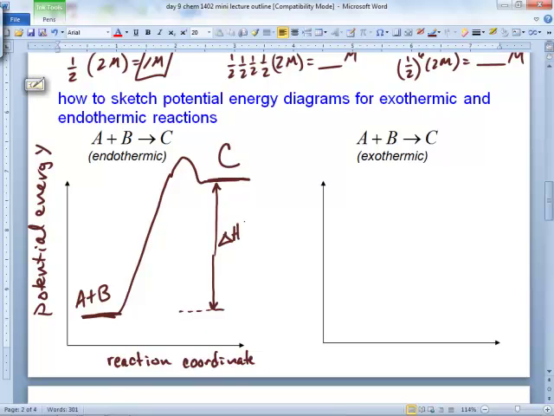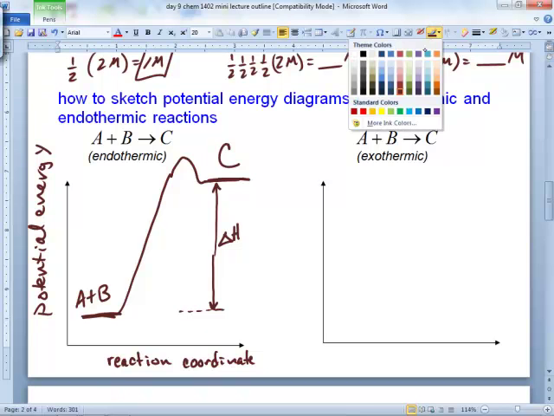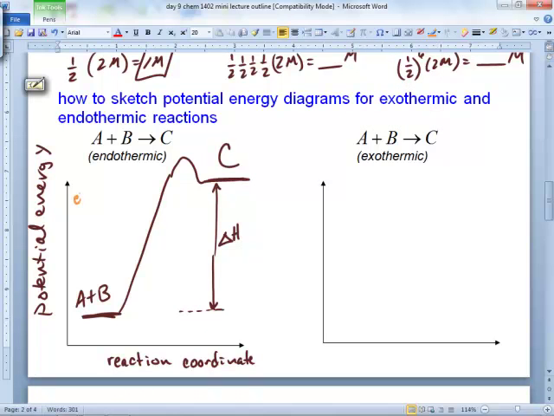And there's one other thing they want us to label, and that's the energy of activation. That's a lot to write, so they abbreviate it EA. The energy of activation is, okay, I'm a reactant. Just exactly how much energy do I need to turn into a product?